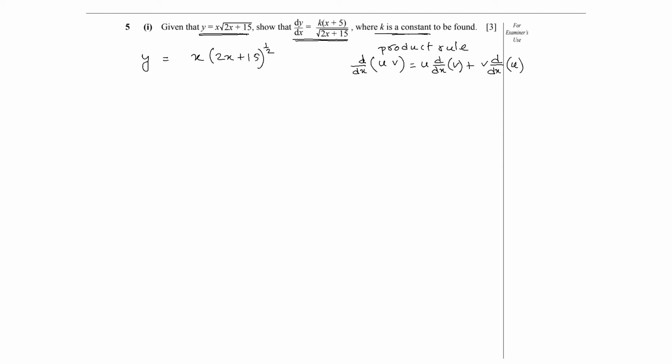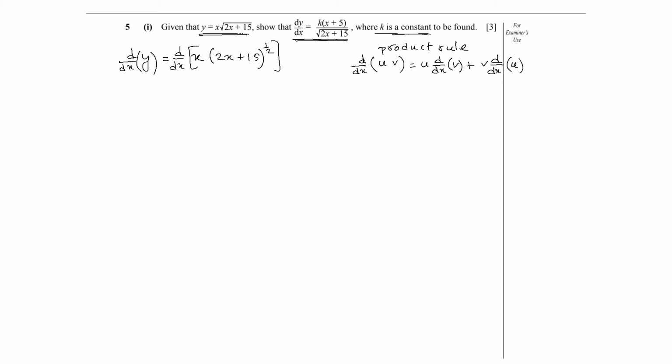Now let's differentiate the equation with respect to x, that is d over dx of y is equal to d over dx of x times (2x plus 15) whole to the power half.